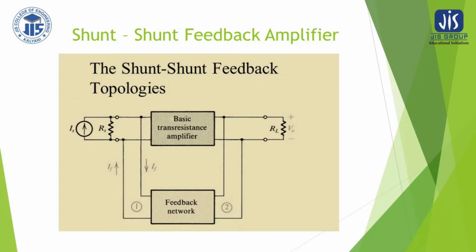From this equation and this equation, we are replacing Ii. So Is is given by V0 by Rm plus beta V0. So from this you can get the transresistance gain due to feedback, that is V0 by Is. You can easily calculate. This will be equal to Rm divided by 1 plus Rm beta.